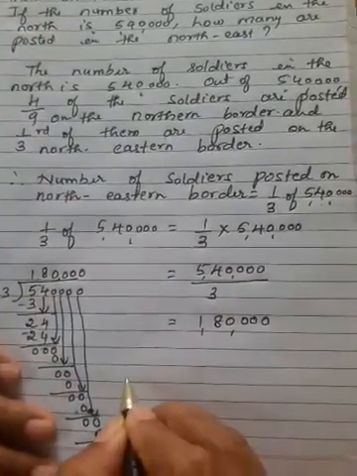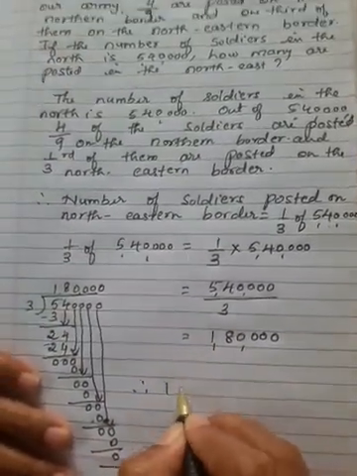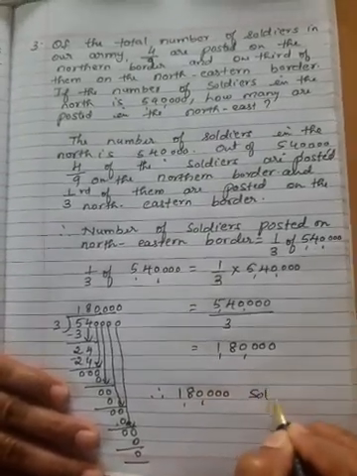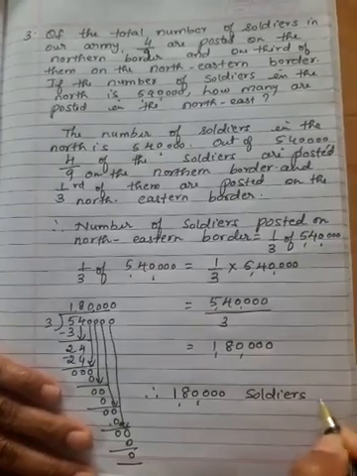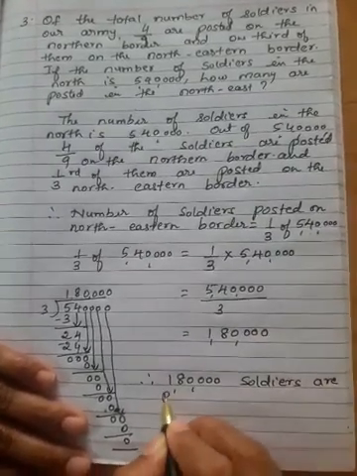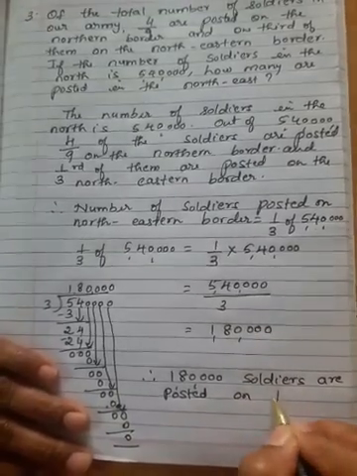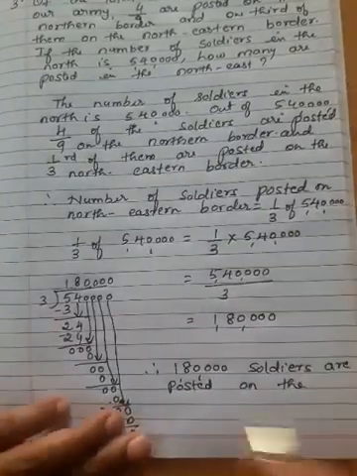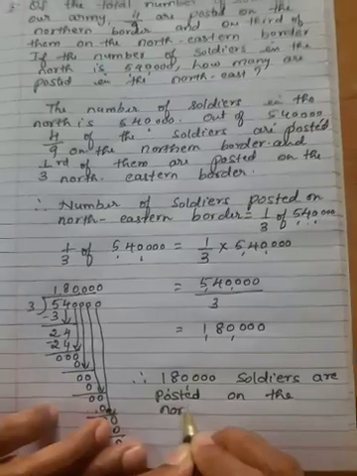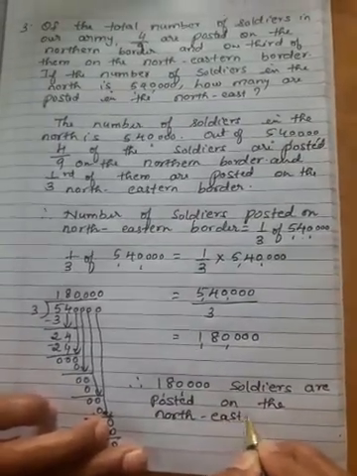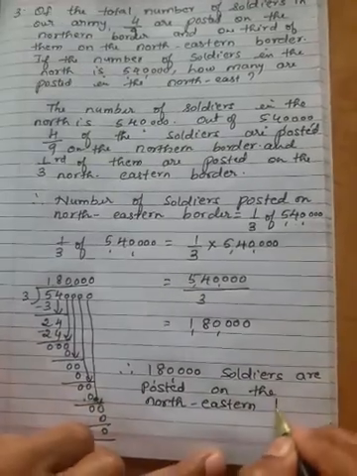So therefore, 1,80,000 soldiers are posted on the northeastern border.